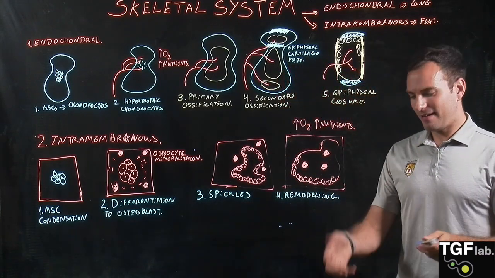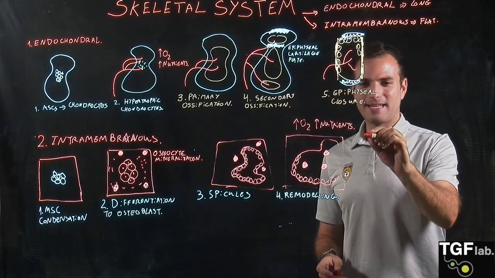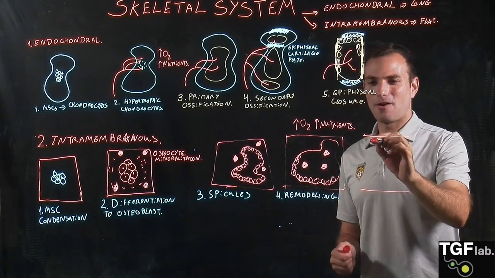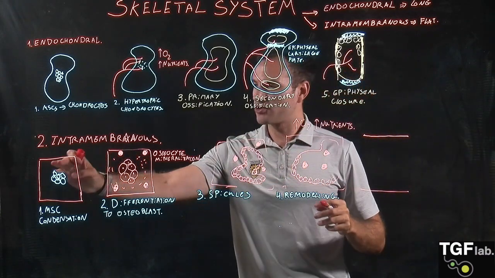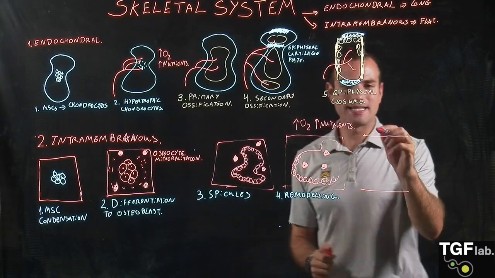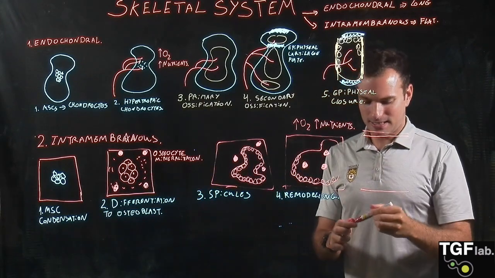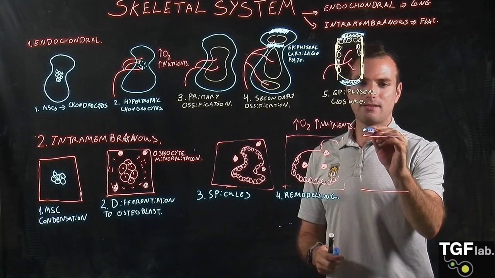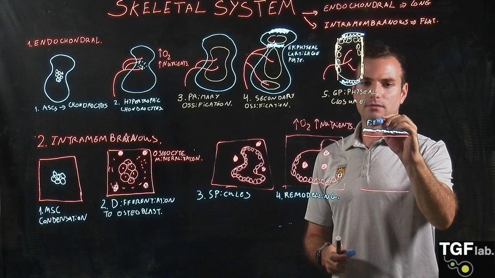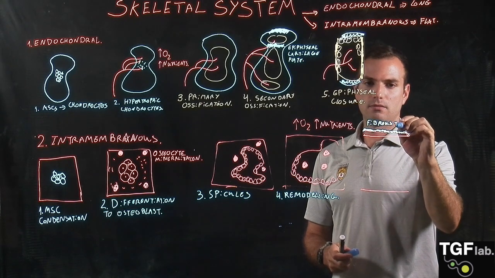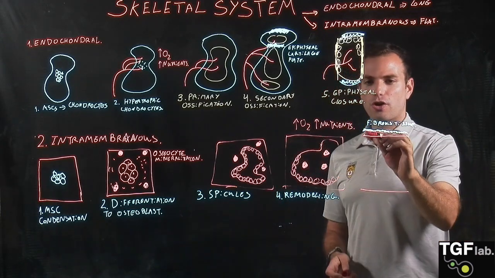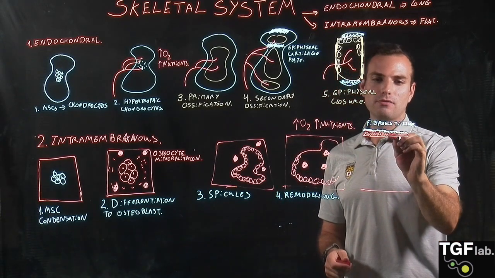Okay, so finally, what is going to happen is that we are going to have the final structure of our flat bones. So all the fibrous tissue that was surrounding here, the MSC condensation and also the osteocytes, is only going to exist here on the outside. So here we are going to have the fibrous tissue. Then under the fibrous tissue, we are going to have the compact bone tissue or cortex.